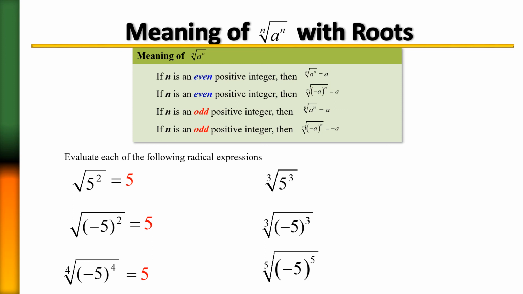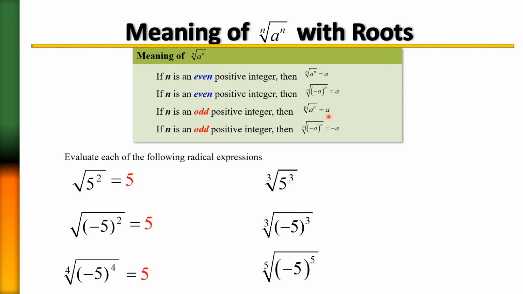So that was dealing with where n was an even integer. Let's deal with where n is an odd integer. So here we have an index of 3, which is the same as what the radicand is raised to, 3. Whenever these two numbers are the same and they are odd, if the radicand is positive, it's going to equal the positive of that number.